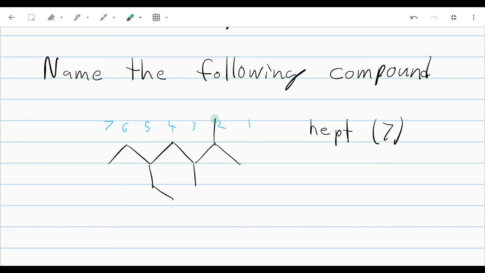We have single carbon branches here, and we have one double carbon branch. The single carbon branches are both 1, so they're going to be meth. And we have a single 2 carbon branch, which is going to start with eth.